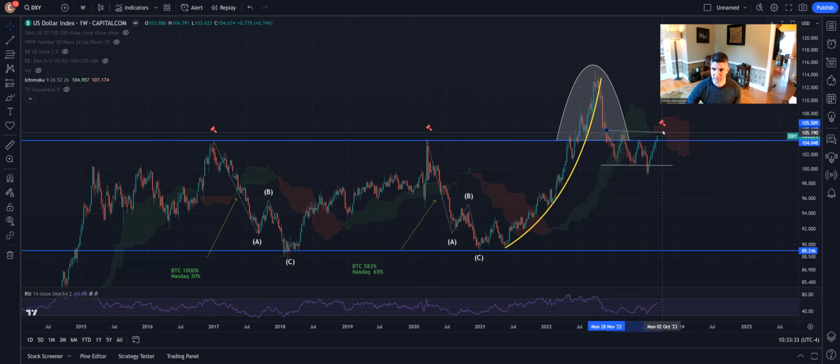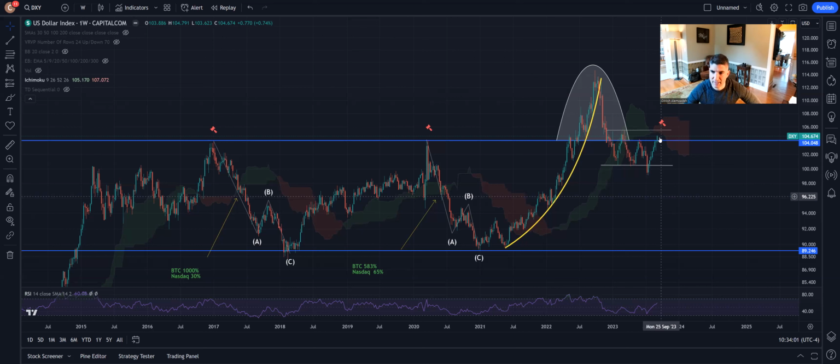And now we're left with, in my mind, kind of the last stand, this 105 level of resistance. Let me draw that out a little bit here. What I also showed you guys last week is going back 20 years, 30 years, there are 3 other instances where the dollar has risen and stocks and risk assets go up.